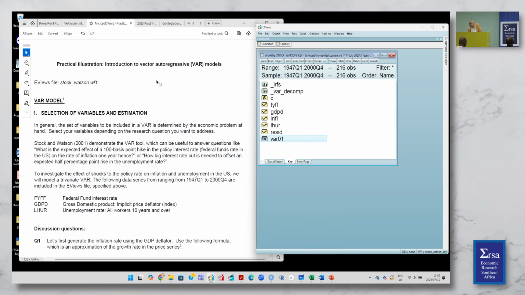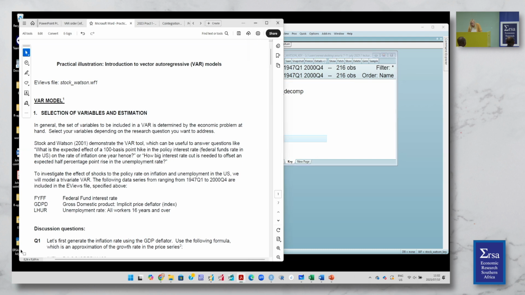So just as an example, maybe I must just open the Stock and Watson paper quickly as well.